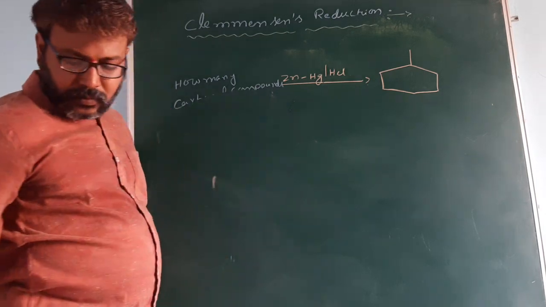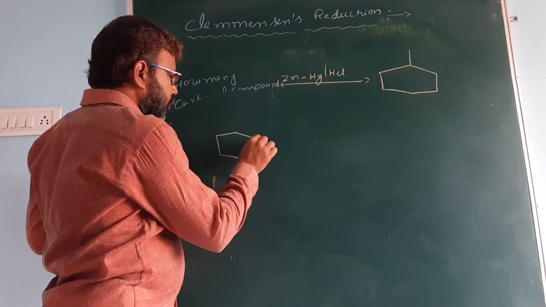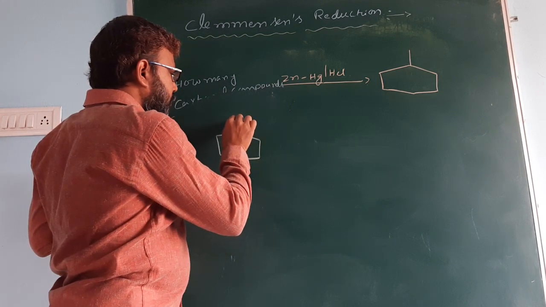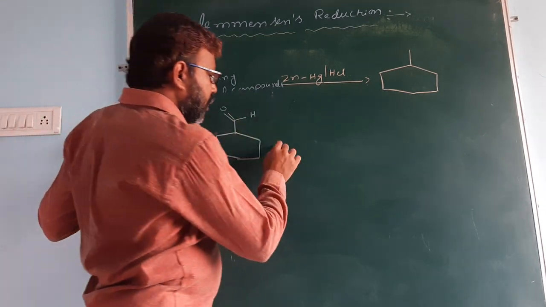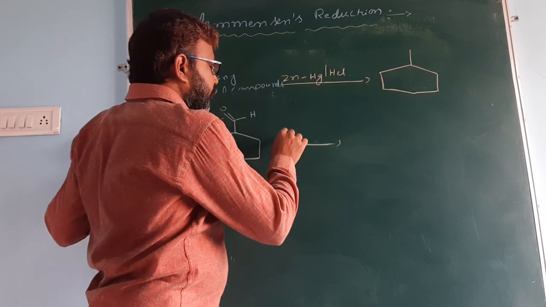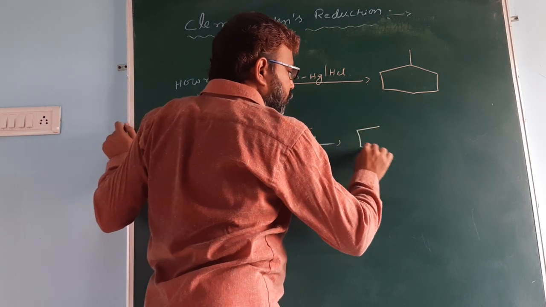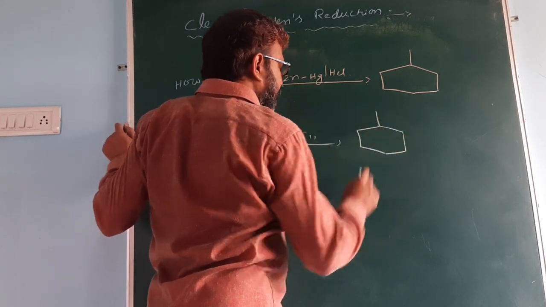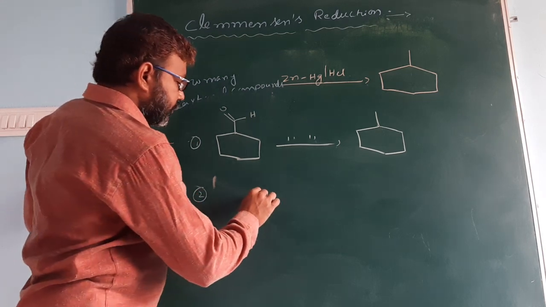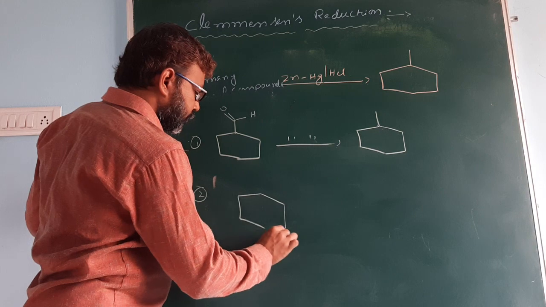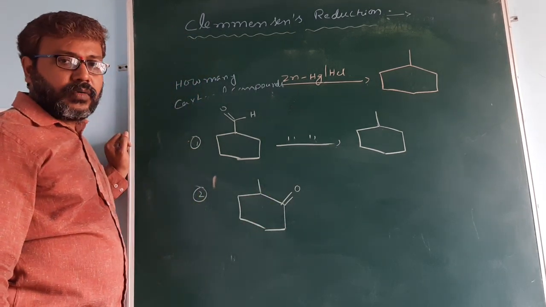Okay, so first one, we take this one. So this compound undergoes reduction in presence of Zn, Hg and HCl. C double bond O group is converted to CH2. So this is a product. So this is one reactant. So second one, 2-methyl cyclohexanone.